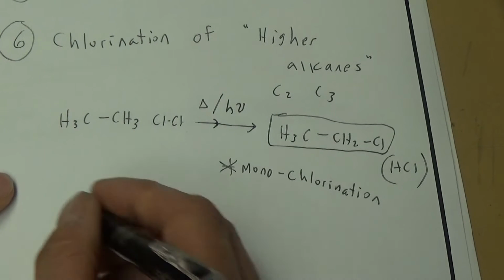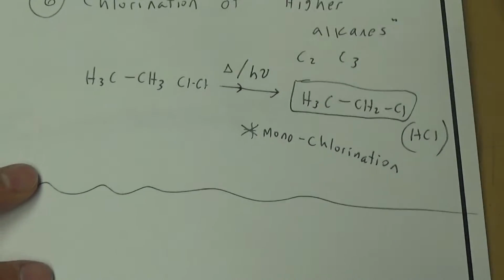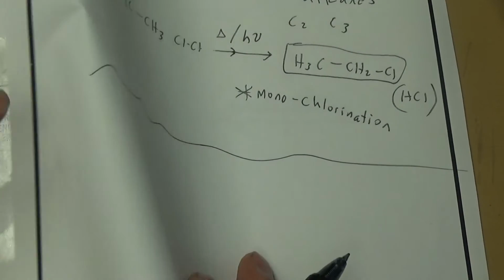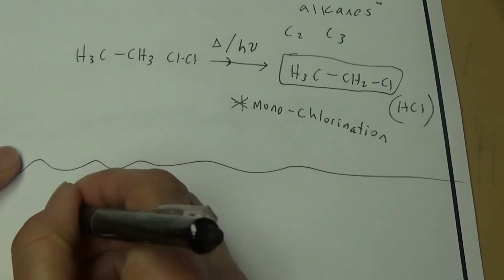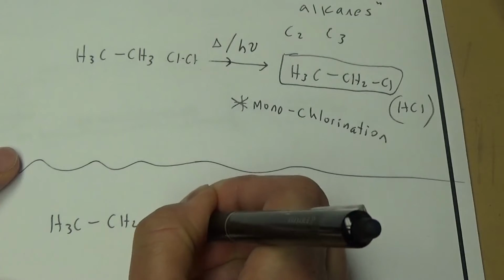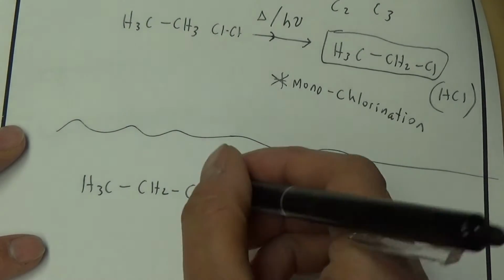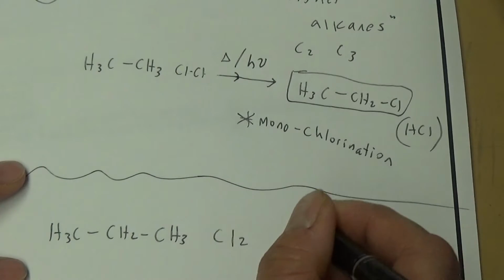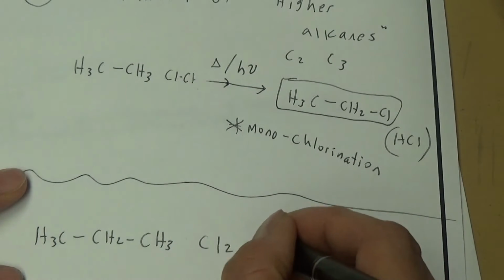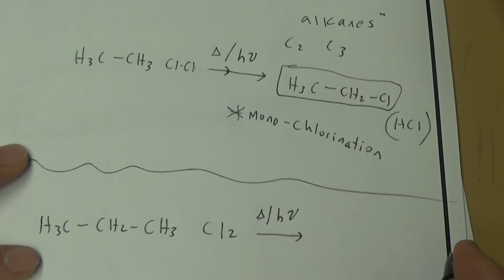Okay, so what about propane? We did ethane, let's do propane. H3C, CH2, CH3. All right, so it's 3 carbons. We're going to react it with chlorine and heat or light.